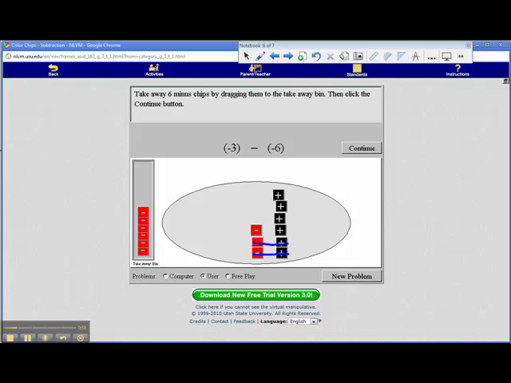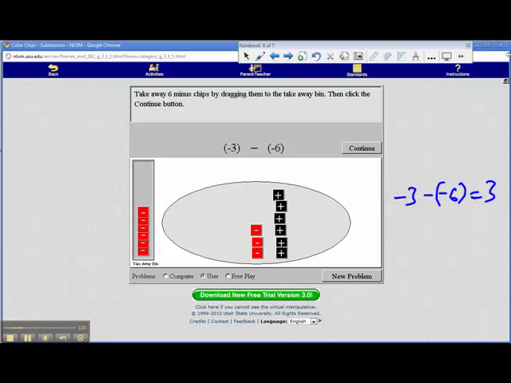And now that cancels out, that cancels out, that cancels out, and I'm left with 1, 2, 3. So what this shows us is that negative 3 minus negative 6 is equal to positive 3.